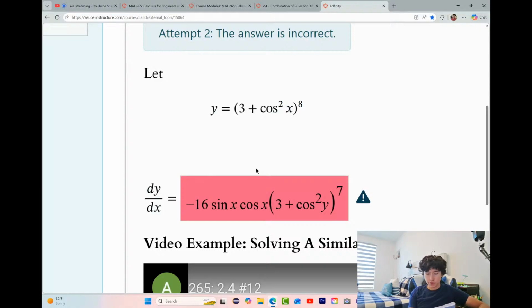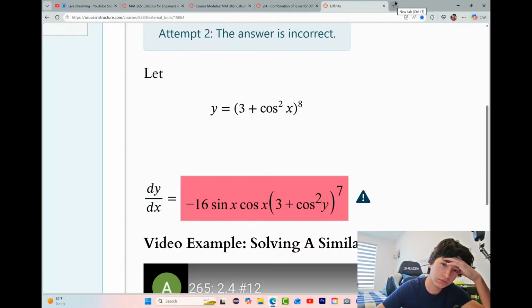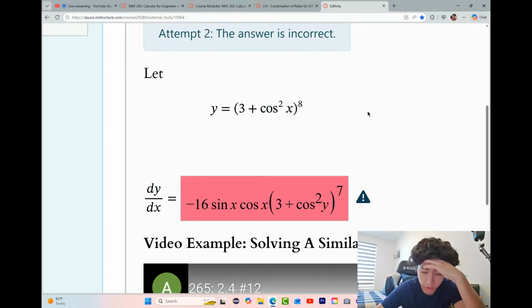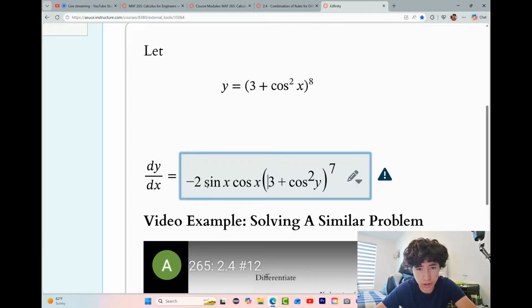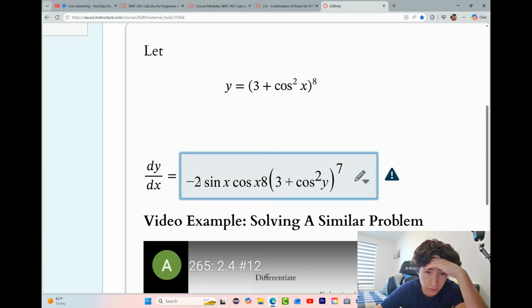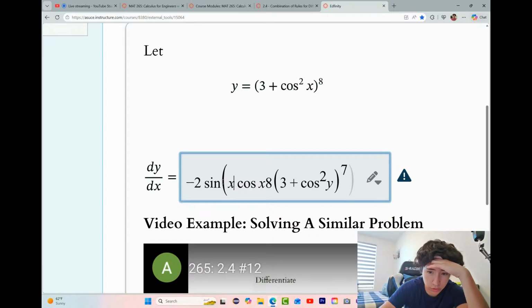Hold on. We need to know the derivative. What's the derivative of the inner function? Yeah, hold on. That's what we just evaluated. Negative 2 sine of x cosine of x. All right, so we have 2, and we have 8. Okay, I'll just put these here.